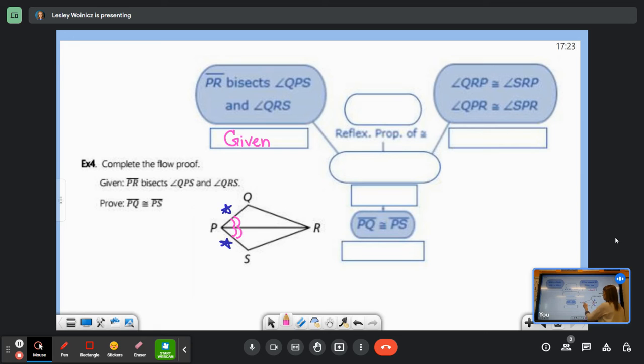And QRS got chopped in half and made two baby angles. So I'm going to say QRP.